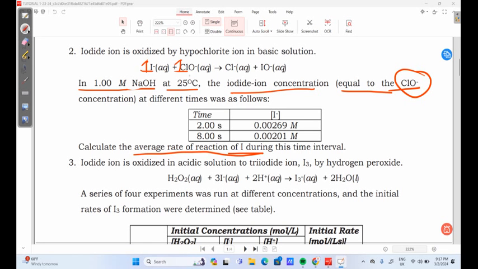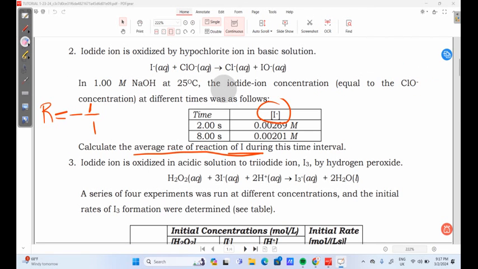So therefore, we'll just use the equation again. Even if we say negative 1 over 1, it's not necessary, but that's what we are supposed to do. It makes a difference if we add a 2 or a different number. So negative 1, change in concentration of our iodide, divided by the time it took for that change to occur.